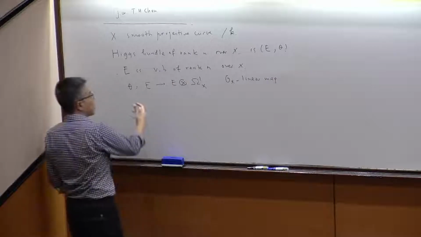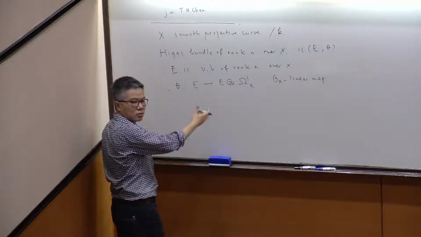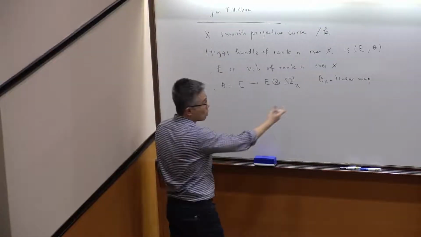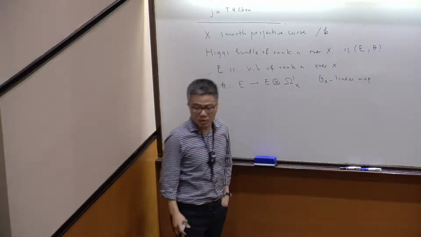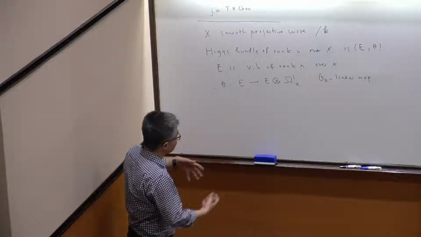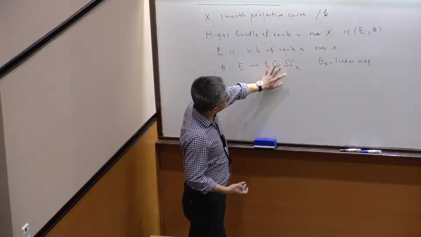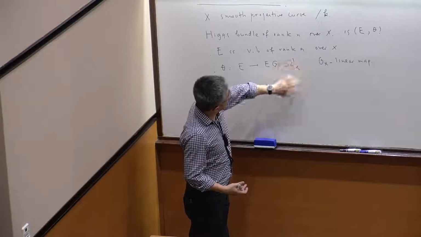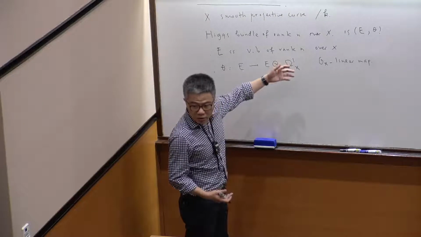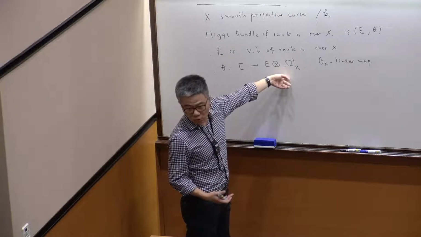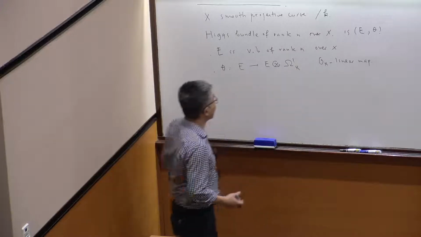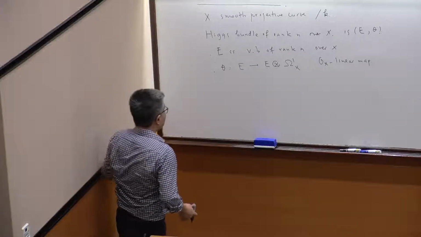linear map. So it looks very much like a connection. The connection is not O_X linear, but satisfies some kind of Leibniz rule. When we study harmonic analysis, we somehow replace omega 1 by any line bundle. But for geometry, it's very important to be omega 1. So let's keep omega 1 here. Okay.